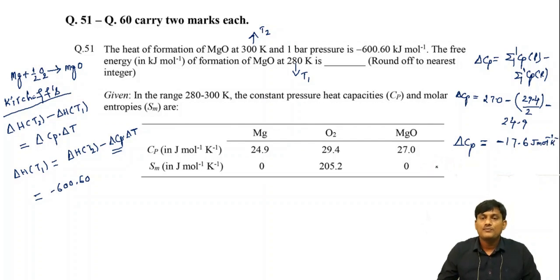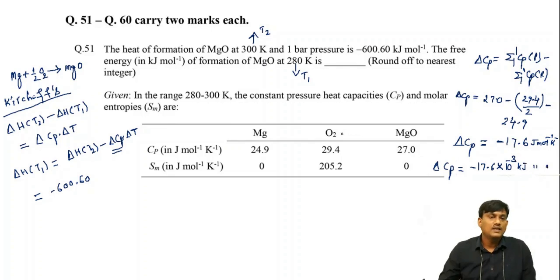When you write it in kilojoules, it will be equal to minus 17.6 into 10 to the power of minus 3 kilojoules mole inverse and Kelvin inverse. This is the delta Cp.